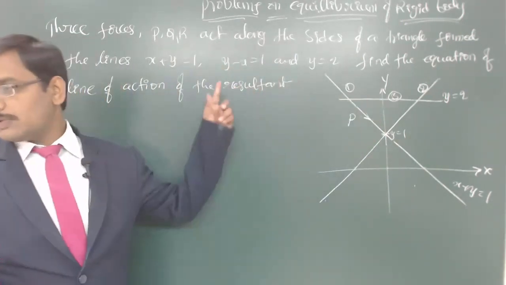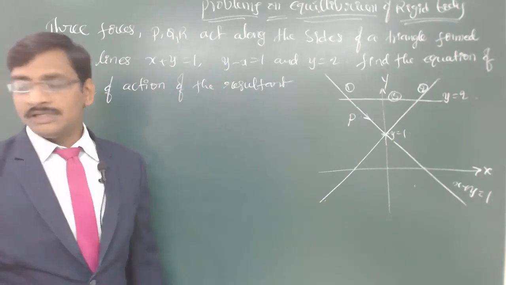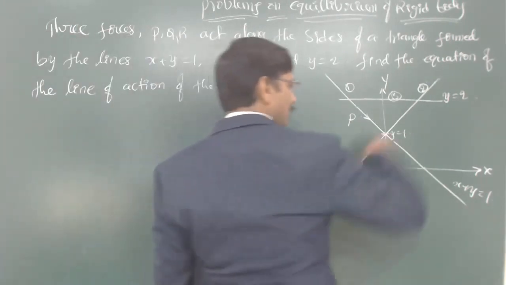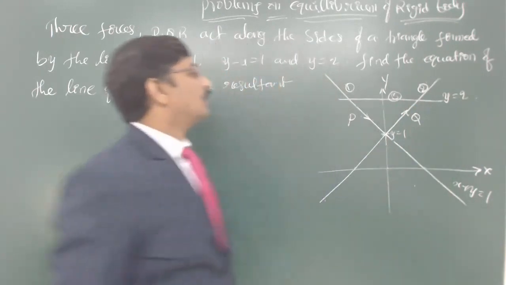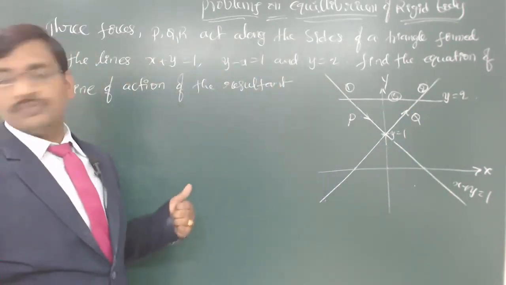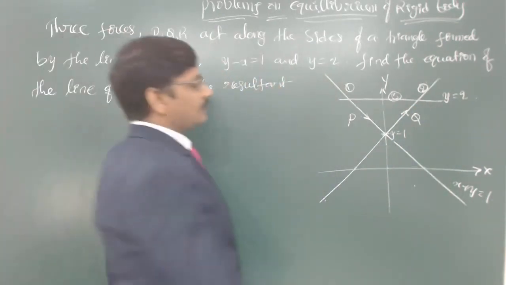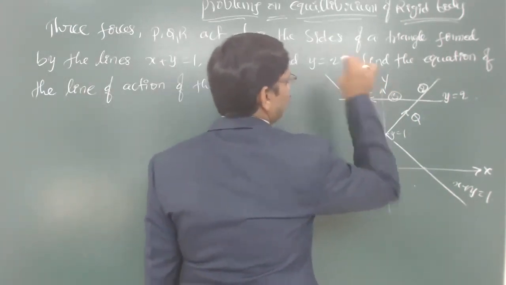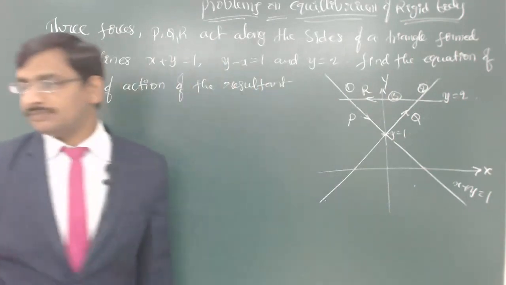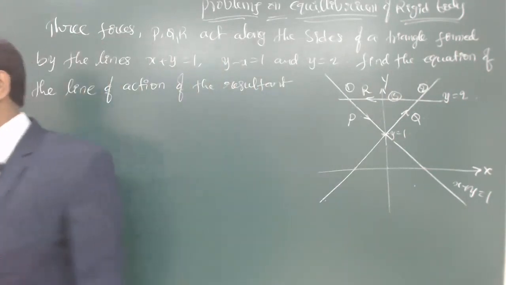And there is a force Q acting on the second line, y minus x is equal to 1. And along the third line, y is equal to 2, the other force R is acting. Got it?